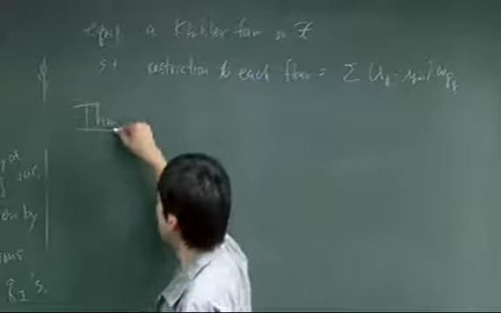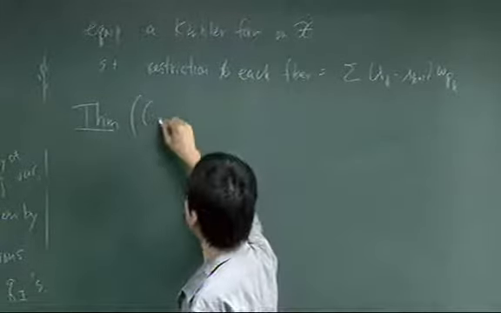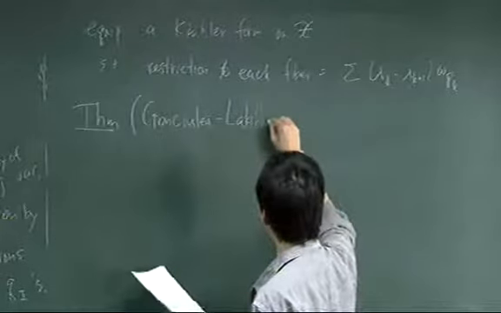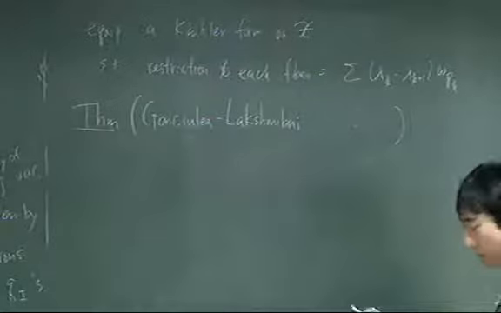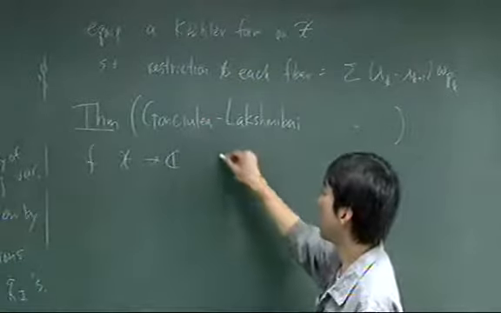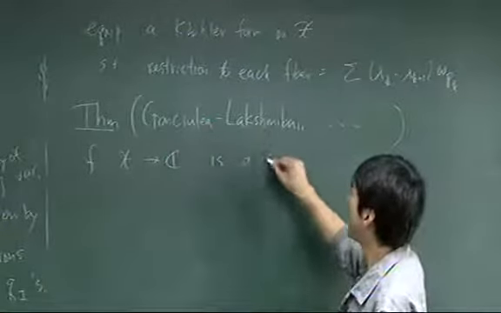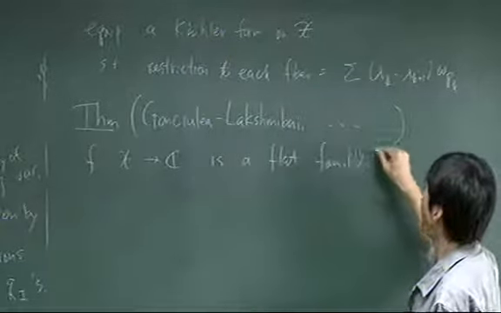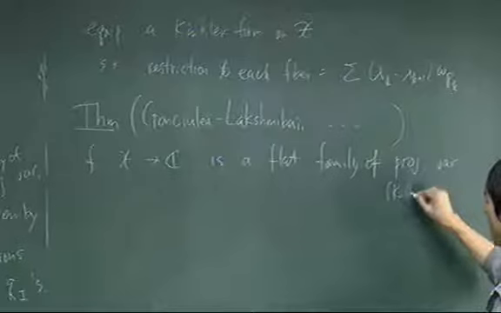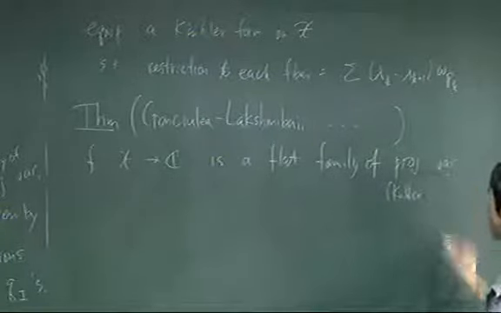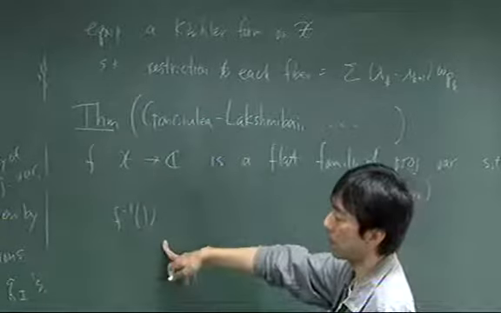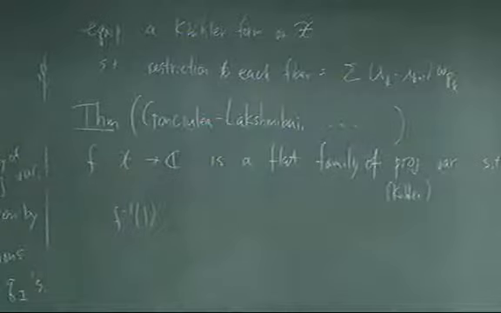Then there is a theorem, by maybe some other people, that this map, denoted by F, is a flat family of projective varieties, or symplectic varieties, such that the fiber over 1, so if t is equal to 1, is just the Plücker coordinates.